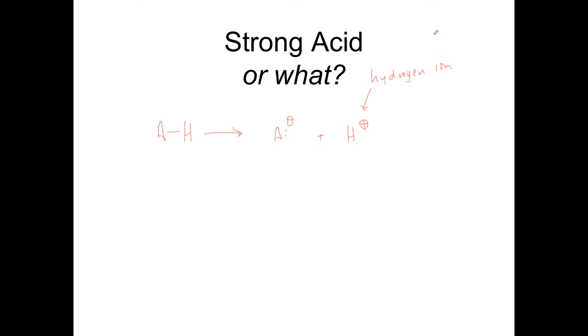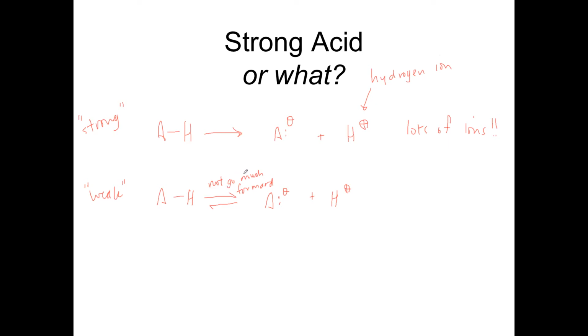Hydrogen ion. Now, if you have a strong acid, that means this reaction is going to go to completion. Every molecule is going to break up into those, so lots of ions. Can you see ions here? Now, if you have a weak acid, that means you've got some, and it goes in what we would call equilibrium.